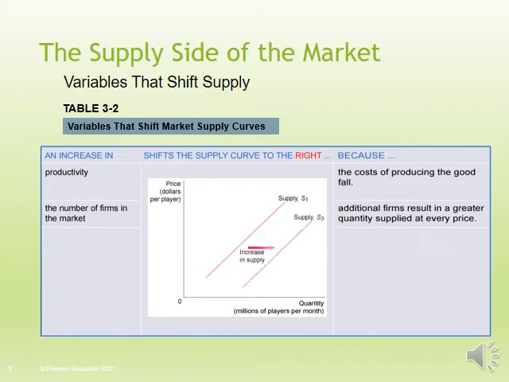So, let's see, what are some of the things which would cause the supply curve to shift to the right, meaning there will be an increase in supply? Well, one of those things could be a change in productivity. Remember what I said about website design? It used to be that website design work was very slow and cumbersome. You had to basically design a website from first principles using computer programming software like JavaScript or C++, and it took a long time to design a website.